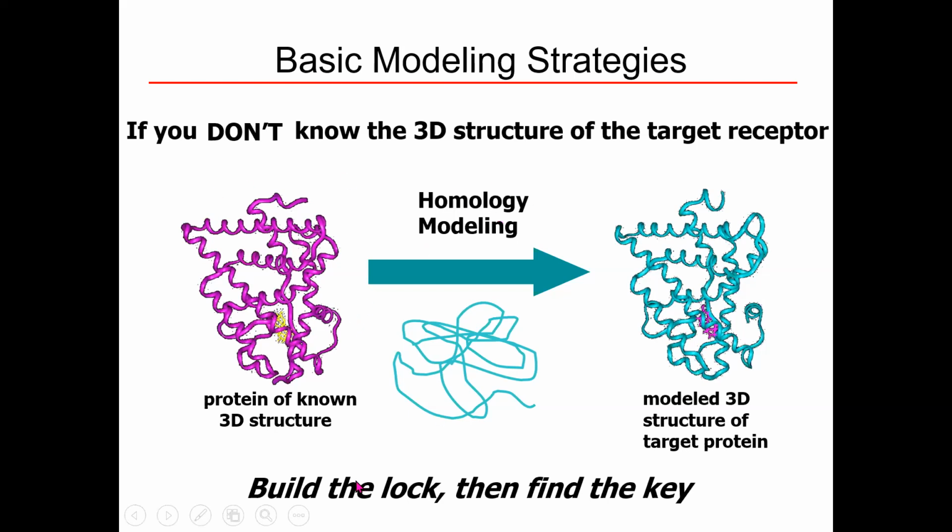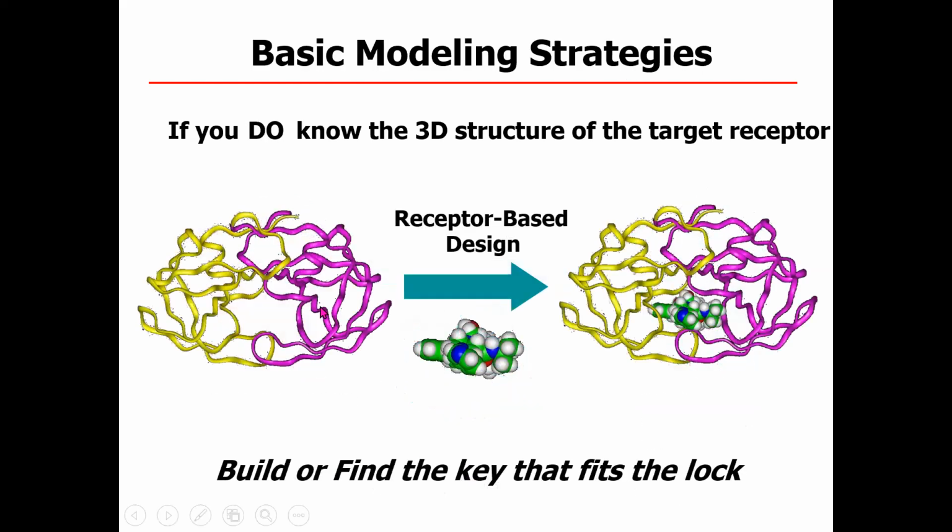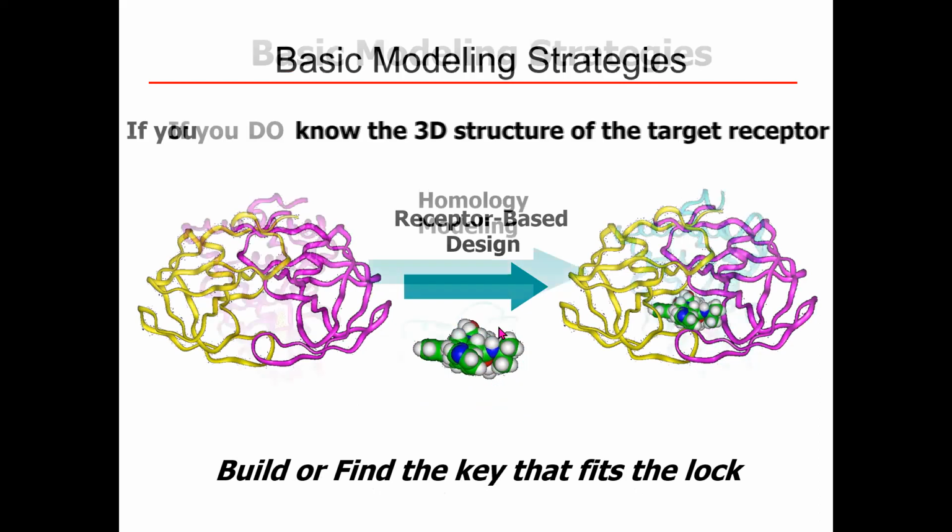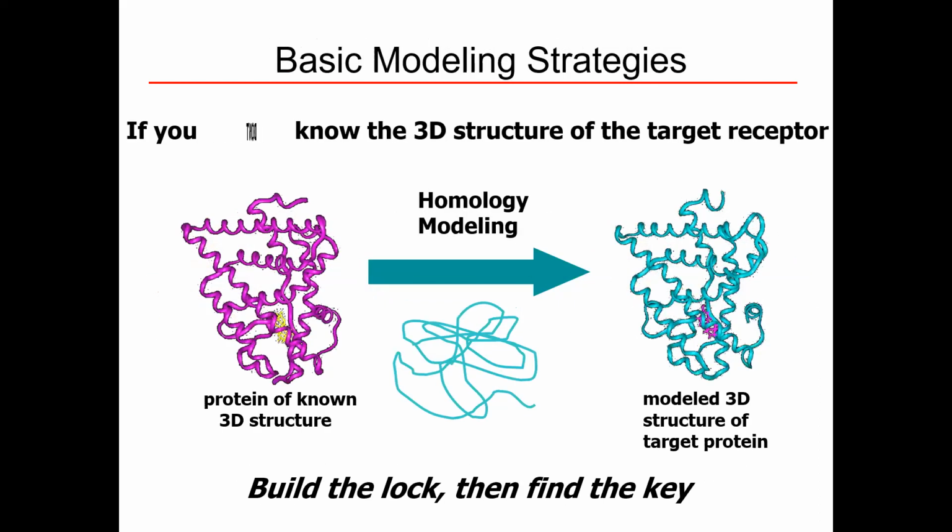The homology modeling is like building the lock. And then once you have the lock, like on the previous page, you put lots of molecules inside and see which molecules bind well, which molecules don't bind well. So if you don't have the 3D structure of a protein, then we build the 3D structure, like making your lock. That's called homology modeling.